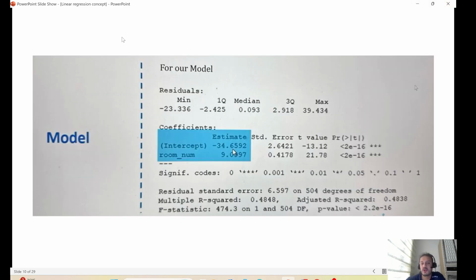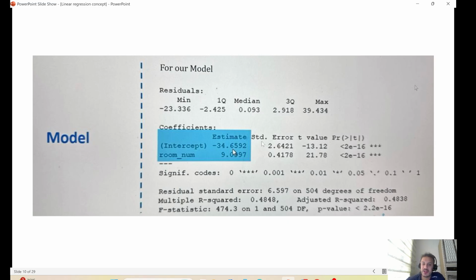When you run your model, you will have your residuals, the difference between true and predicted, and you have the coefficients. The intercept is beta 0, and the room number is beta 1.